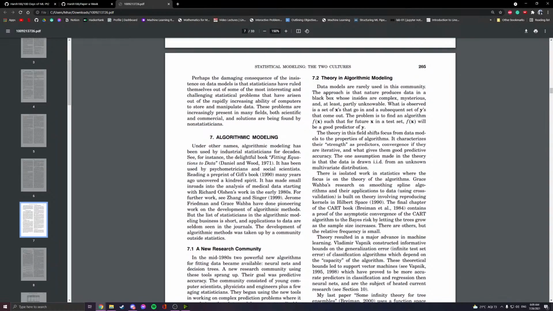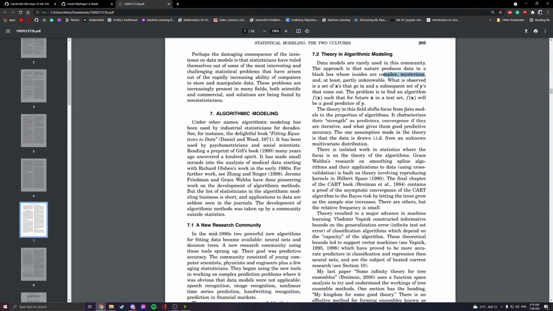And so they treated the problem as a black box, where the inside was completely complex and mysterious, and it didn't really matter to them as long as the model produced accurate data.